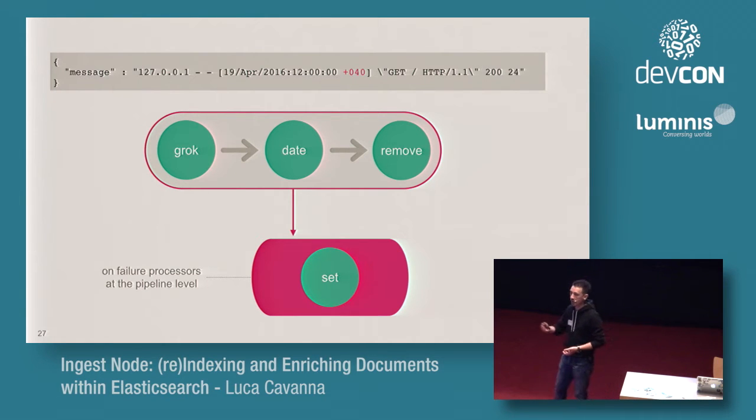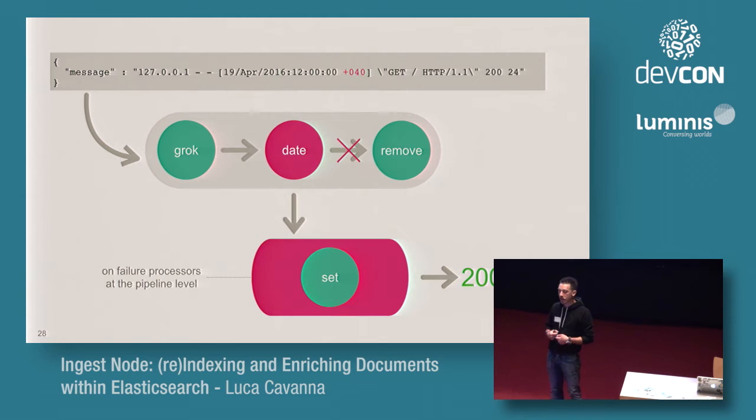Afterwards, we can have a look at the failures and why things failed, maybe fix them, or reindex those documents, whatever. It really depends on the application and the type of data that you get. But this is, again, a very generic type of failure handling. We don't know exactly what went wrong. It's just a catch for the whole pipeline.